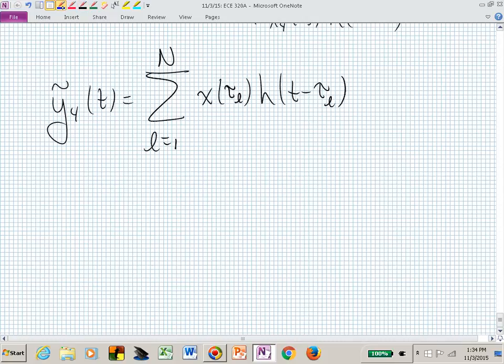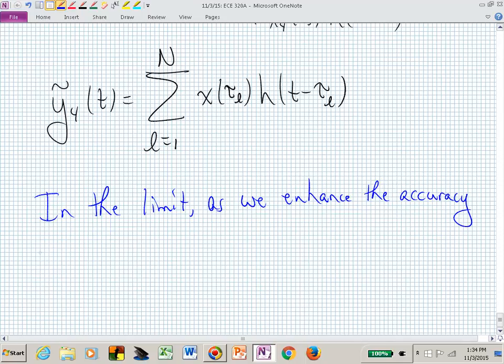And I think you know where I'm headed. In the limit, as we enhance the accuracy of our approximation of x sub 4 of t, right now this is a finite sum with capital N pieces.